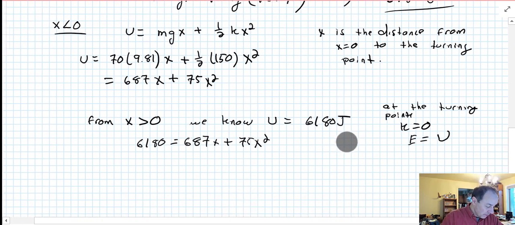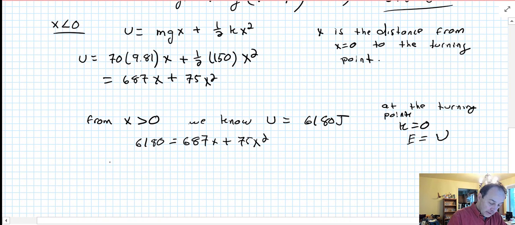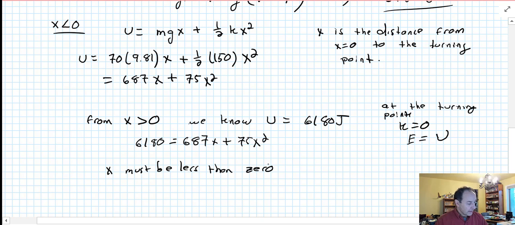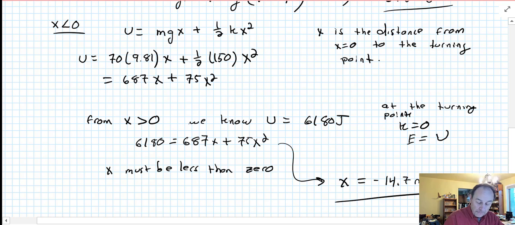And we know that our answer, x, must be less than 0 from our coordinate system. And when you solve this quadratic, you end up with x equals minus 14.7 meters.